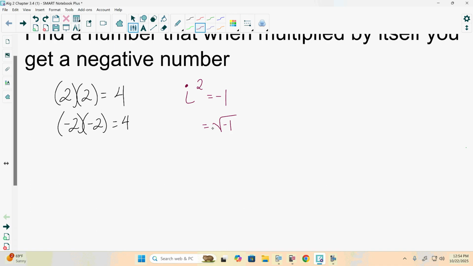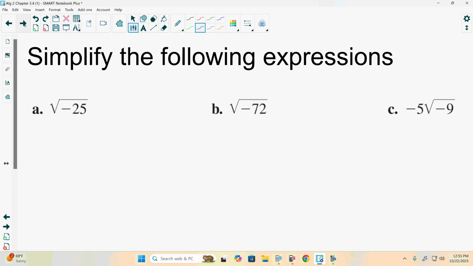But by how we have this set up, the fact that i squared equals negative 1 means that i is indeed equal to the square root of negative 1. This imaginary number, i, will be equal to the square root of negative 1, and that is what i is, our imaginary number i. To be able to solve and simplify these radicals, to find a number that when multiplied by itself gives us a negative number, we have to have the imaginary number i. And i is equal to the square root of negative 1.